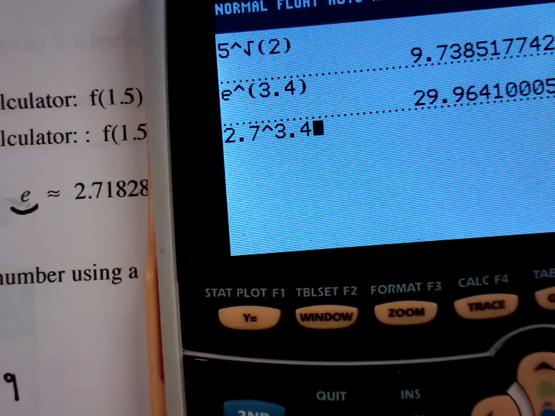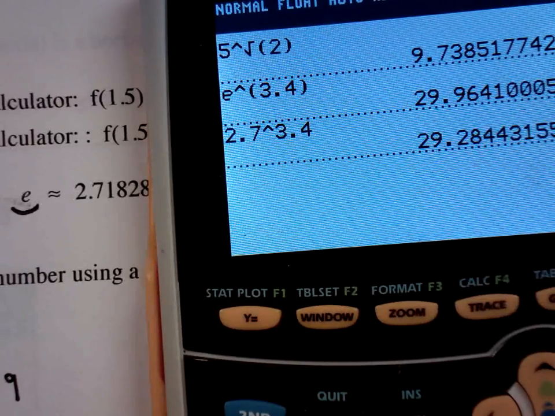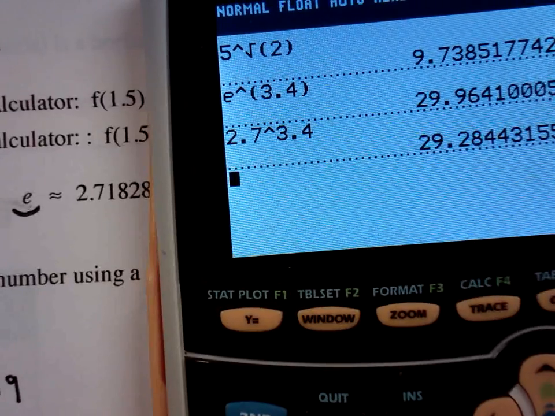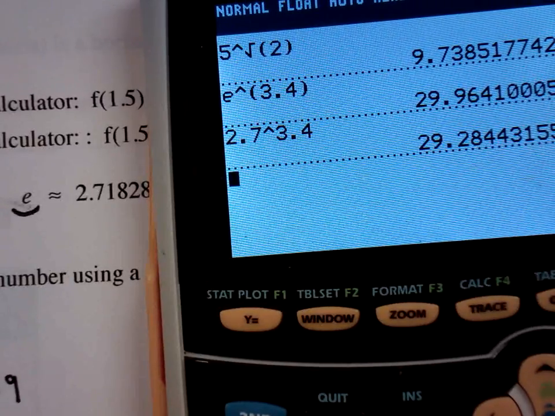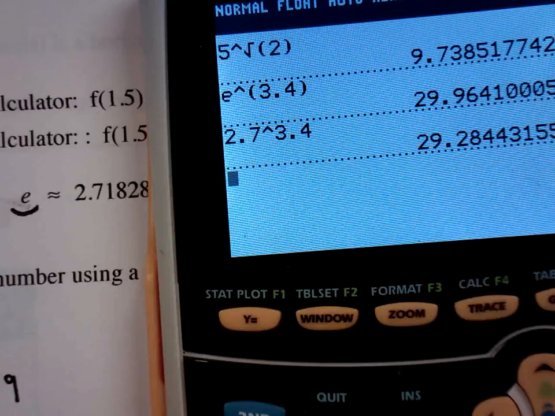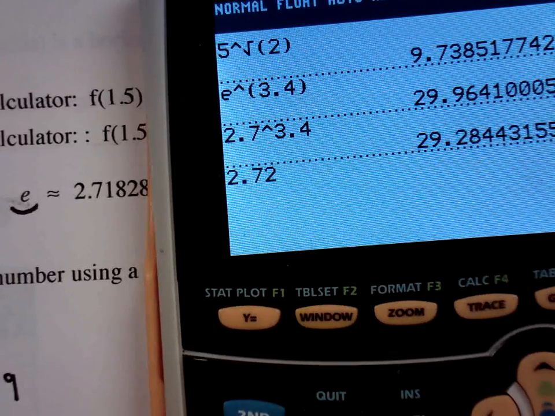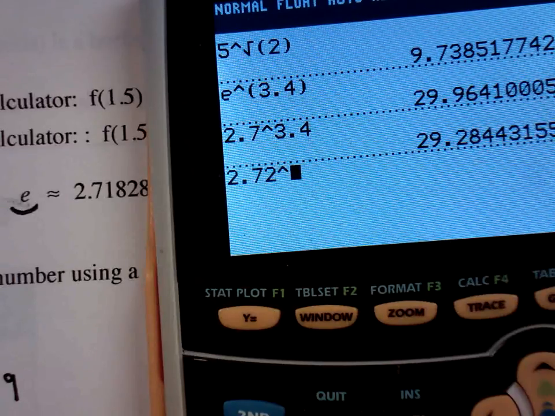Let's see how close we get. Close to 29.284. We're going to be off at the first decimal place, but 29 is there. Now, if I were to say 2.72, that should be a little bit more accurate to the 3.4.